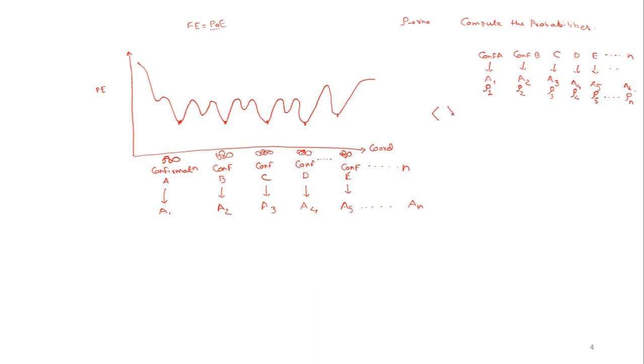Whatever property of interest is written in this bracket, in our case free energy, you can consider that these properties are calculated from the frames of the trajectory.